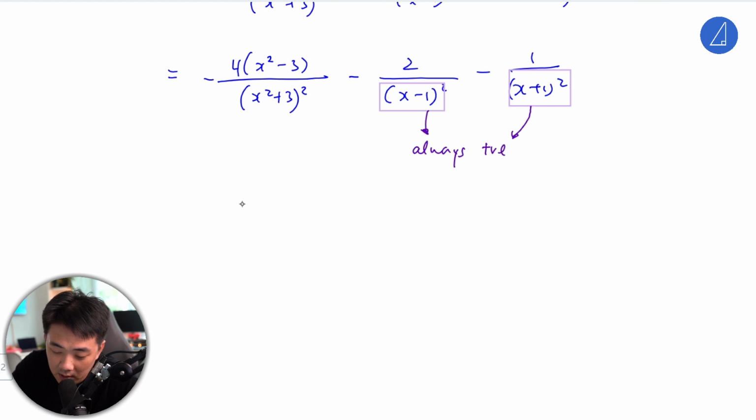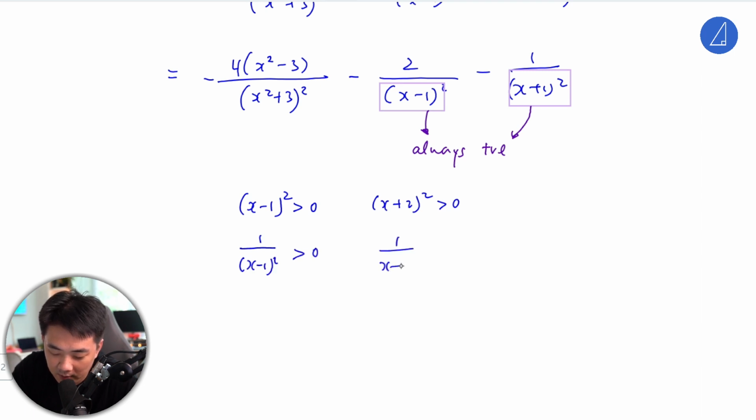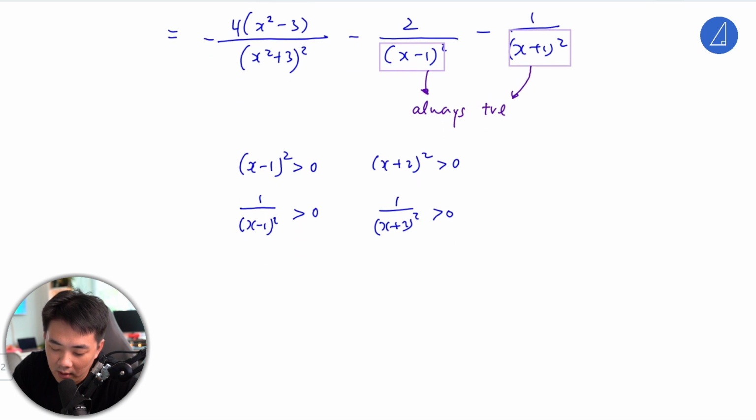So essentially, given that x minus 1 is not 0, then (x minus 1) squared is bigger than 0, and (x plus 1) squared is also bigger than 0. If you invert, 1 over (x minus 1) squared will also still be positive. Then because there's a negative there, you multiply by negative 2, so this is minus 2 over (x minus 1) squared. When you multiply by a negative, you just remember to flip the sign.